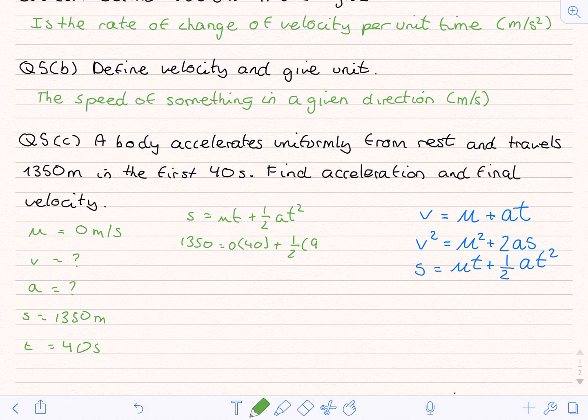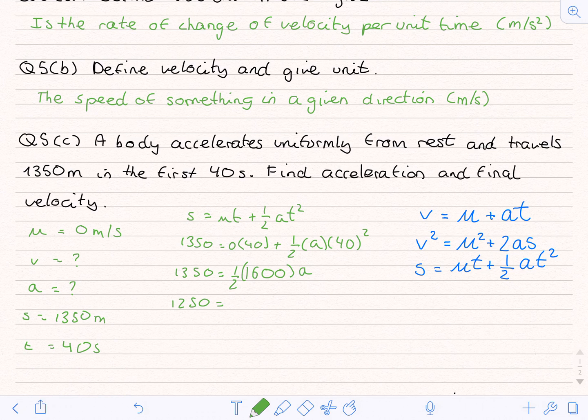We don't know acceleration, so we just leave it as a, and we know the time is 40 squared. Now we just simplify this. 0 by 40 is 0, so we just don't write it down anymore. 40 by 40 is 1,600. Let's keep simplifying everything step by step.